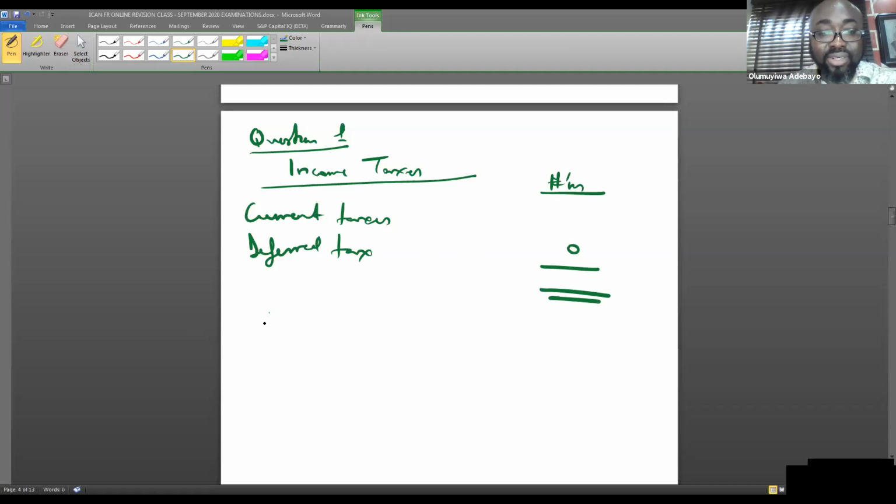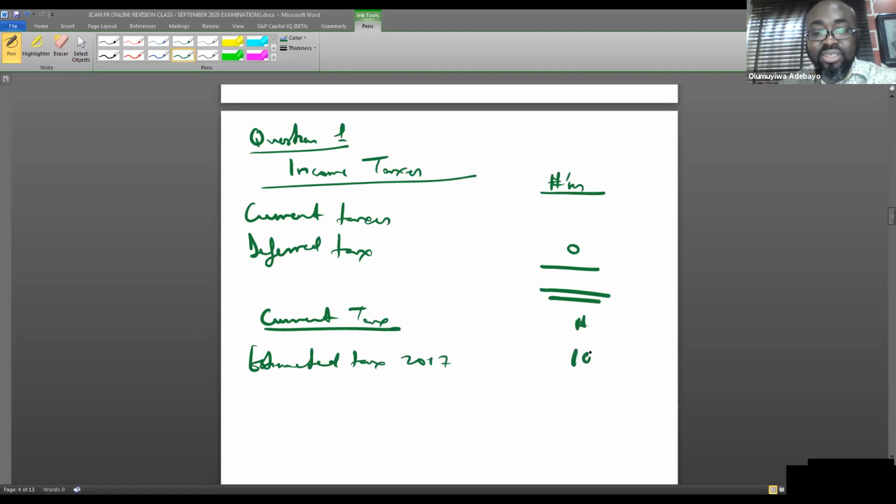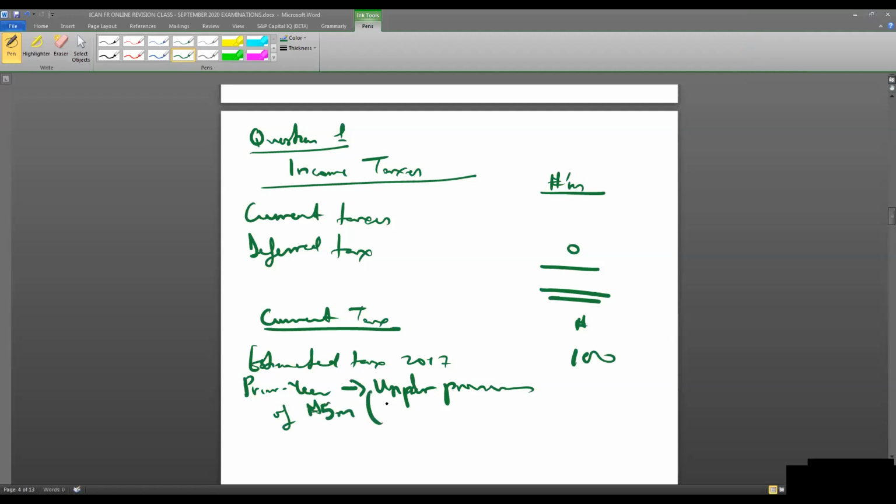Now, to determine my current tax, remember the estimated tax for 2017 was 100 million, whereas prior year there was under provision of how much? 5 million. How do I have that 5 million?